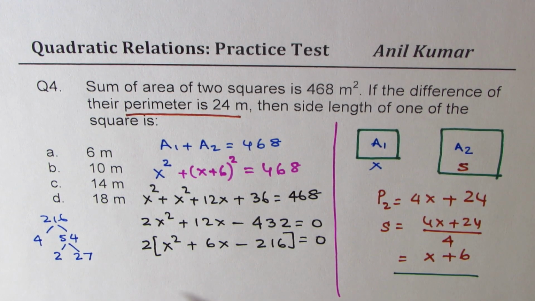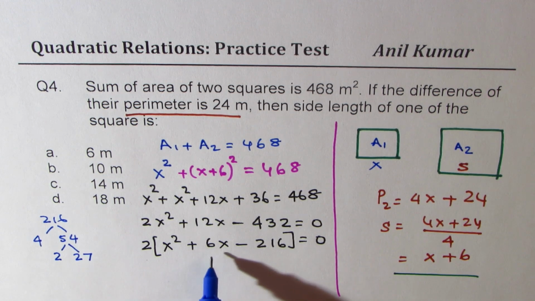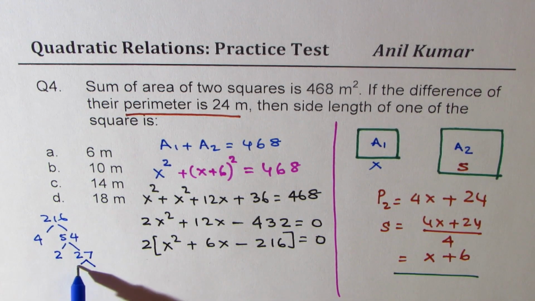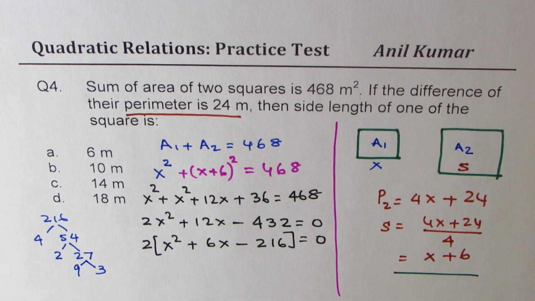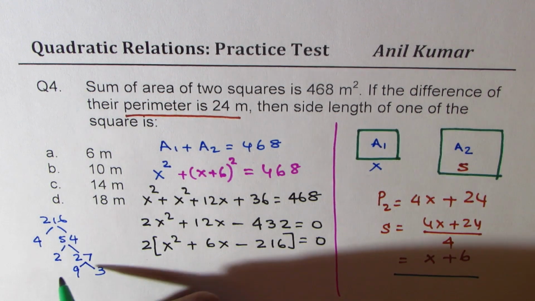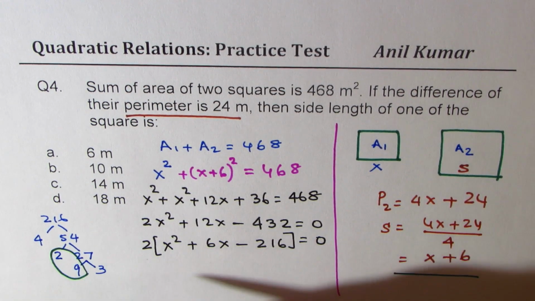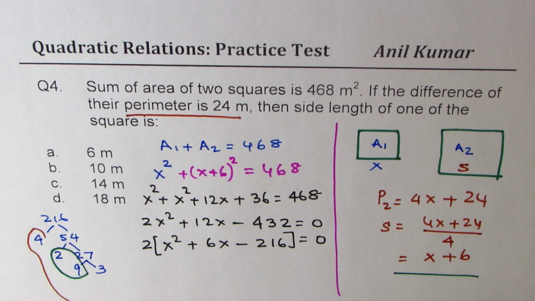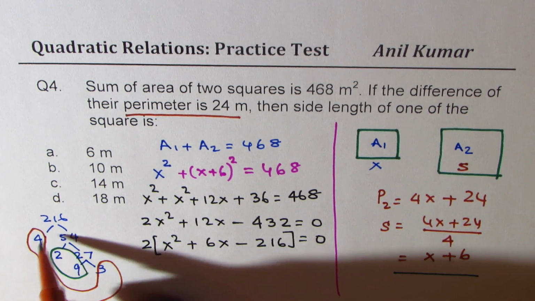Now we are looking for two numbers whose difference is 6. Now that doesn't give you. So 9 times 3 is 27. So now we could combine 9 and 2, which gives us 18, and 4 and 3, which gives us 12. Do you see that?